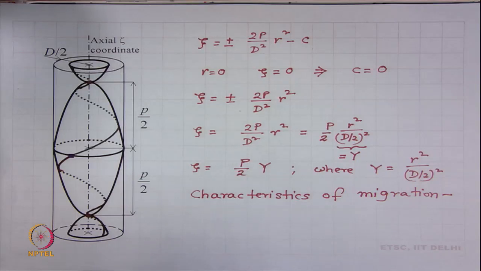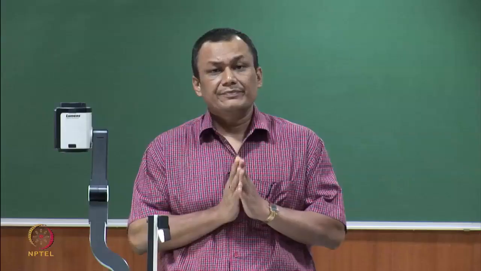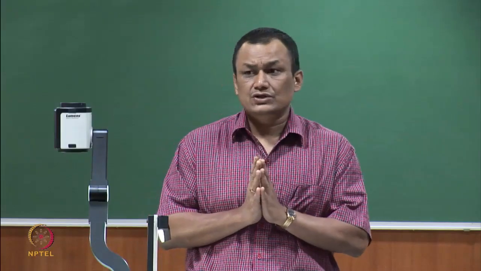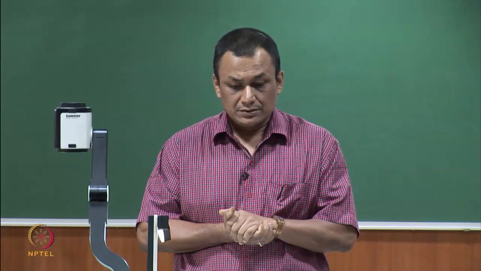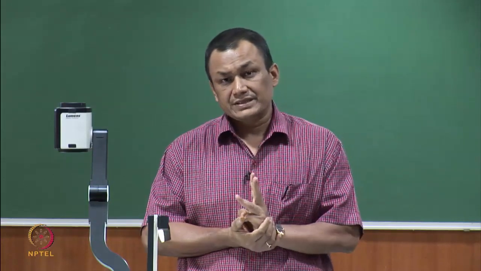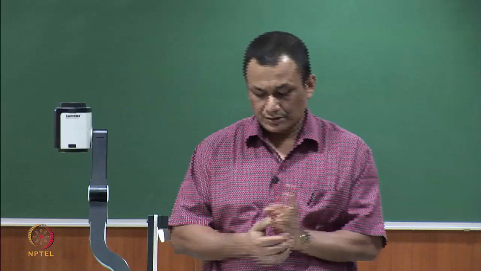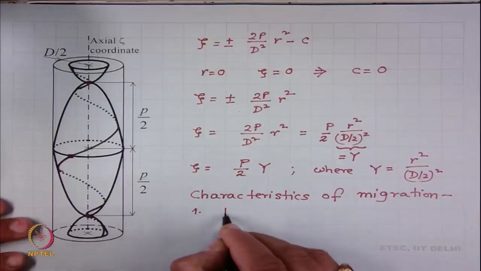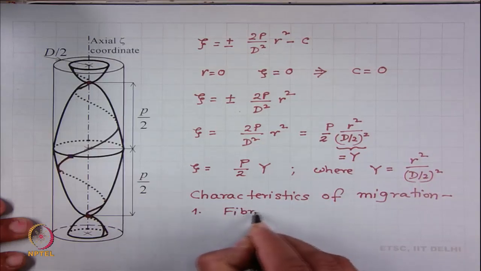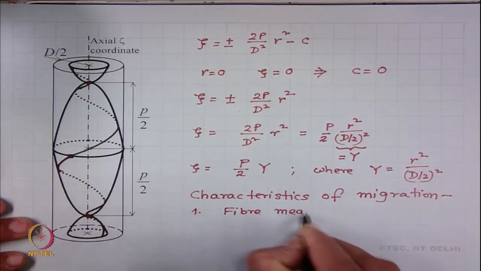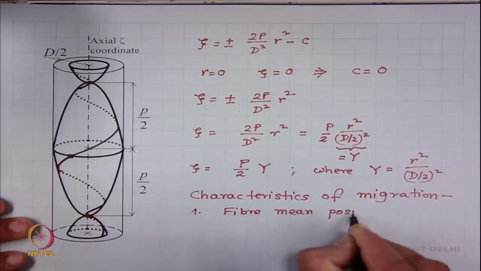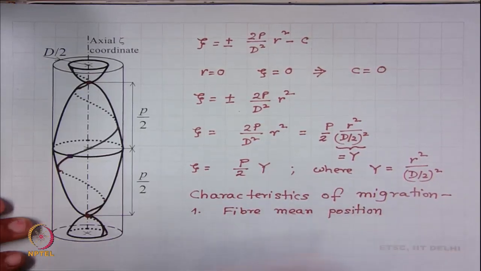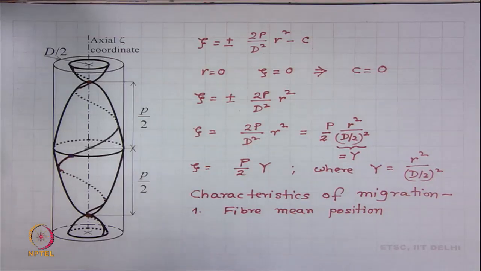How we can characterize migration experimentally? Generally, Taylor and his co-workers used three characteristics for radial migration. One, fiber mean position. Second is the amplitude of migration.